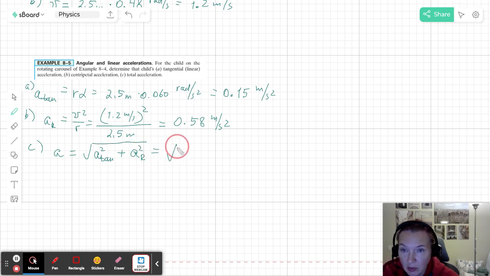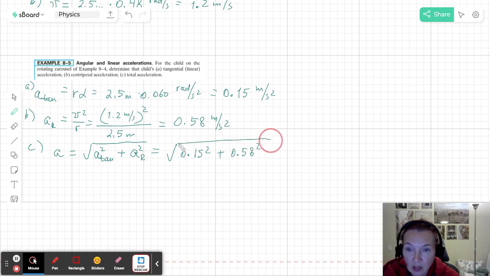And then now we plug in the values that we just calculated, 0.15 squared plus 0.58 squared. Once we calculate the square root of that, we are going to get 0.60 meters per second squared. So that means that the total acceleration is 0.6 meters per second squared.